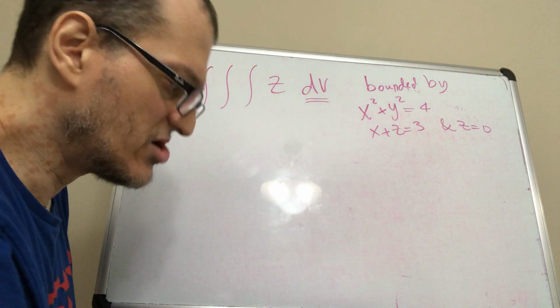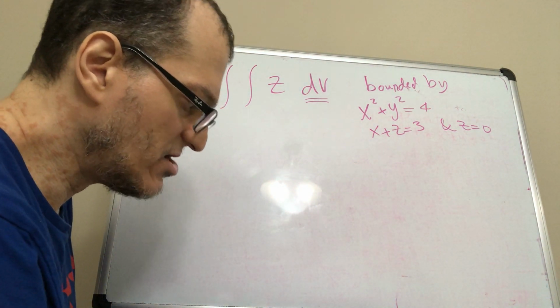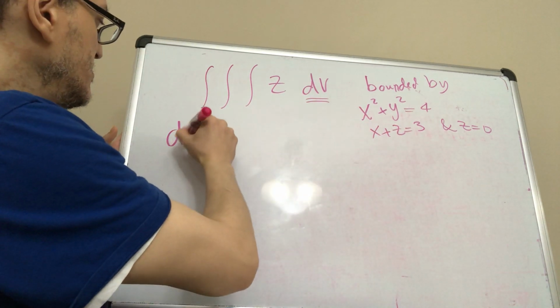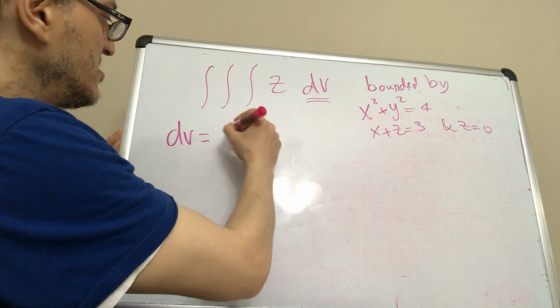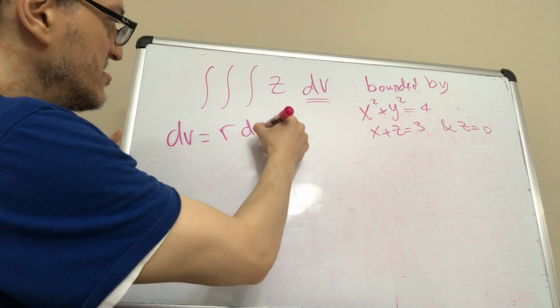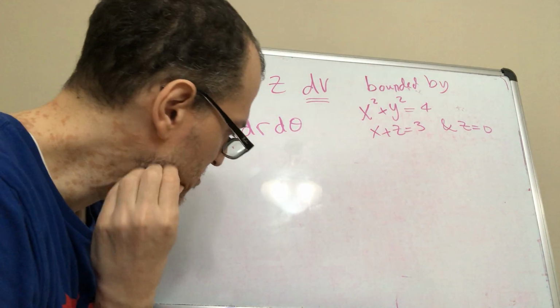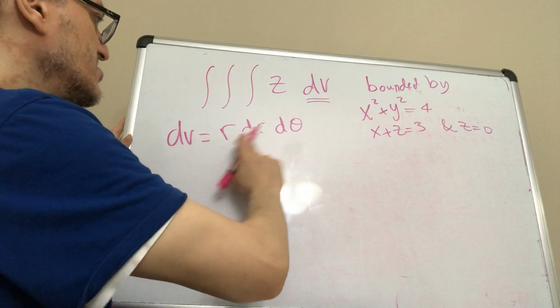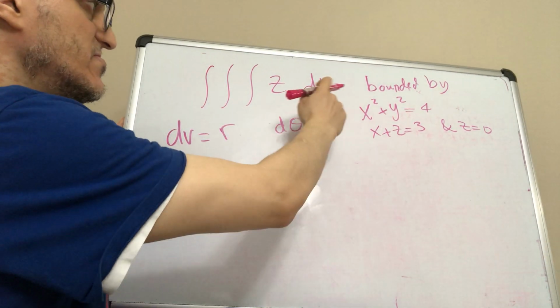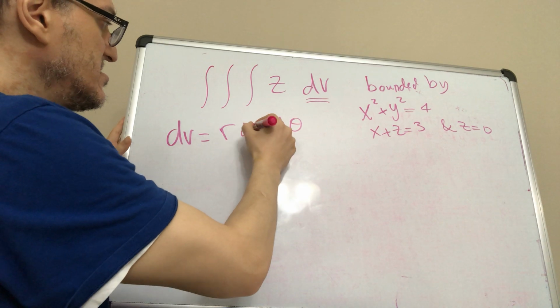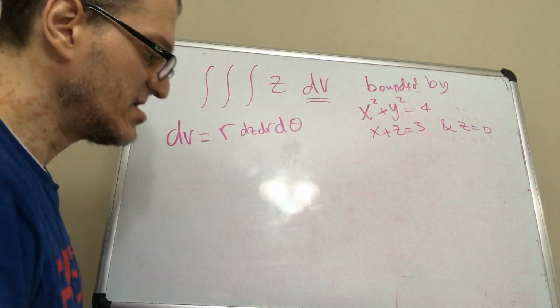Now, what you need to know is that dv is r dr d theta. Oh, dz dr d theta, sorry, because it's involving z as well. So dz first, then dr d theta.